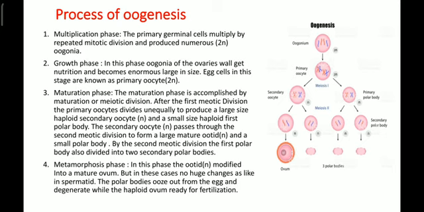At the top of the figure, the oogonium. Oogonium cells contain the diploid number of chromosomes, that is 2n. The oogonium cell is produced from the primordial germ cell or primary germ cell by repeated mitotic cell division, and primordial germ cells also contain the diploid number of chromosomes.